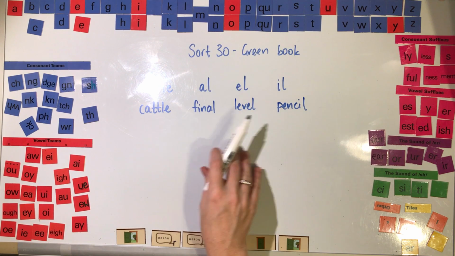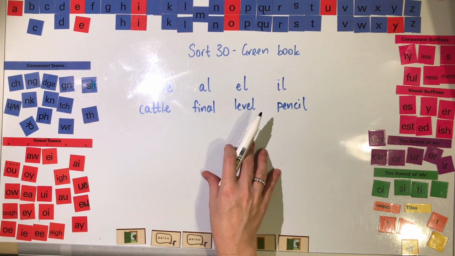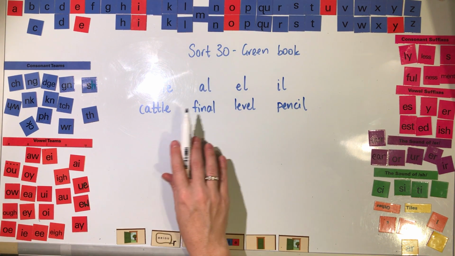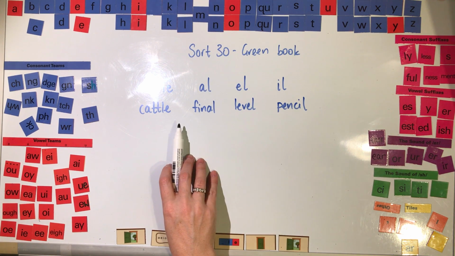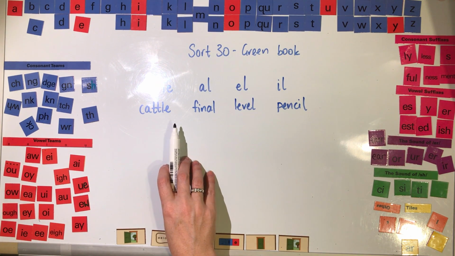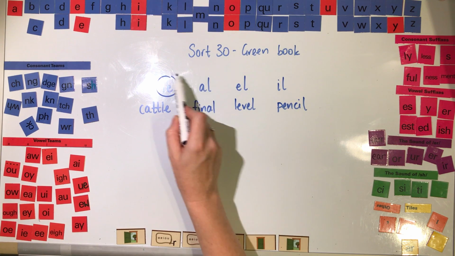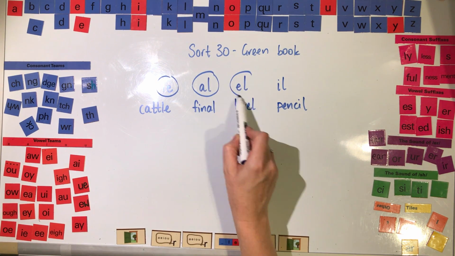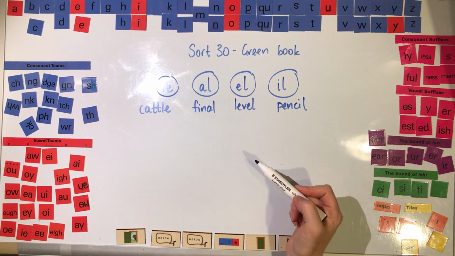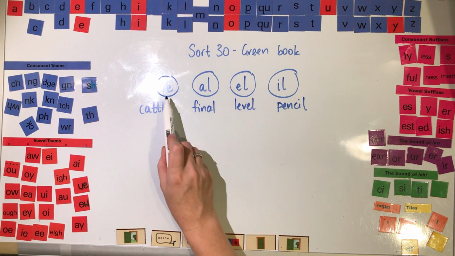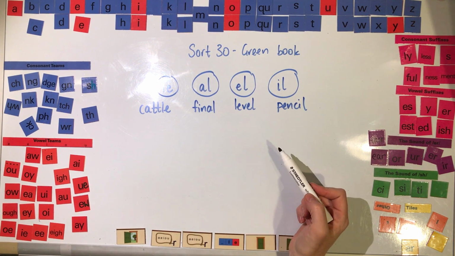So as you're writing these words in your work during school and you come across one of these words, you might quite rightly think, how am I going to spell that ul sound? I've got 4 choices. I could write LE, AL, EL and IL.